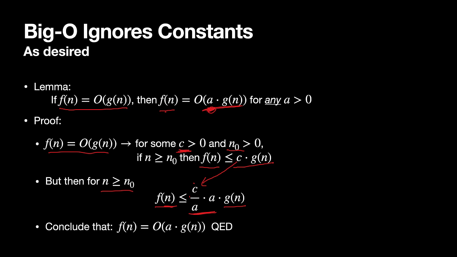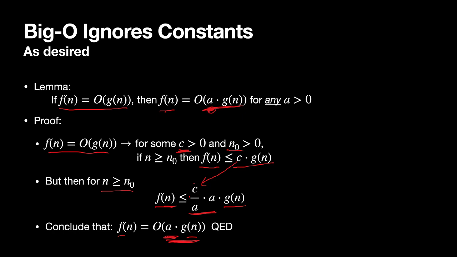So our conclusion is that we've demonstrated that for any additional multiplier a, it will not change this relationship. If f is in the big O of g of n, when we have an additional multiplier in there, it's still in this new and improved function.